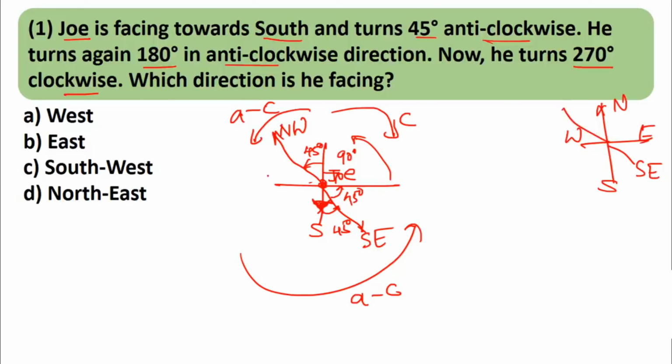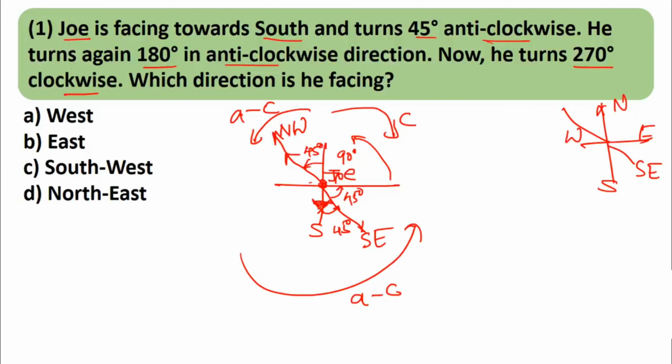Okay. Now he turns 270 degrees clockwise. Now here Joe is facing northwest. Now we have to go 270 degrees clockwise. This is 45, correct? This is 90, 90, 180, 180 plus 45 is 225, okay?